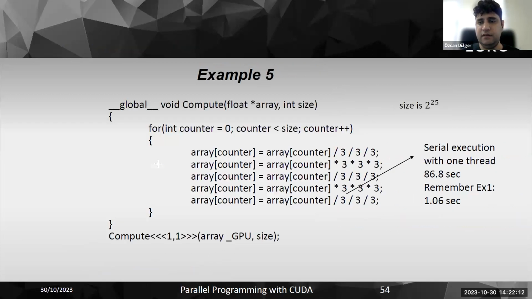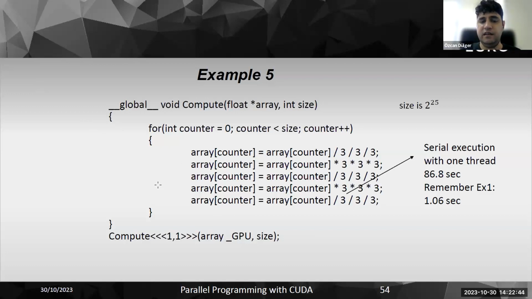Okay, now let's continue with the example in OpenMP. Let's do the same thing with the GPU. Remember that in our example, we have a for loop here, and we distribute the workload of the for loop to the OpenMP threads evenly.